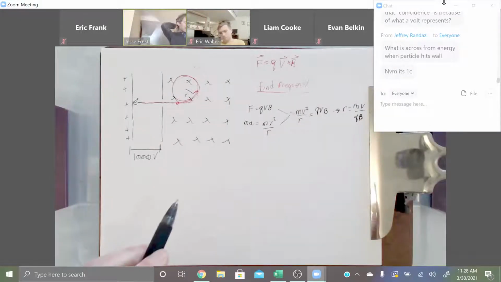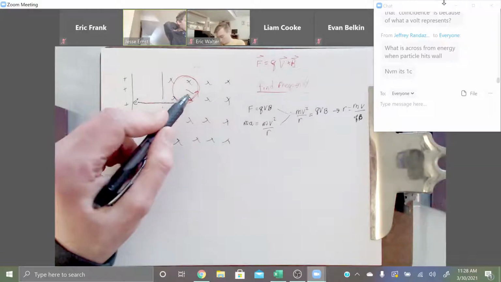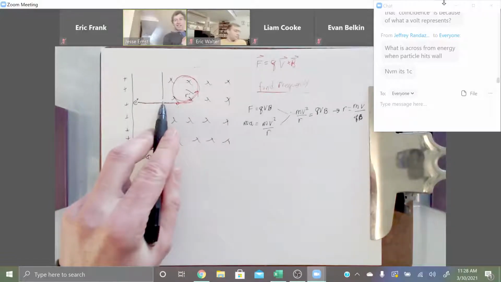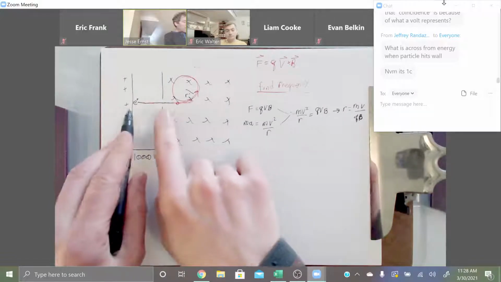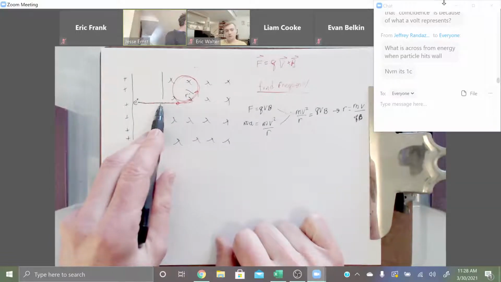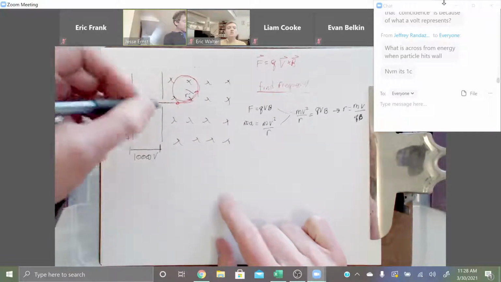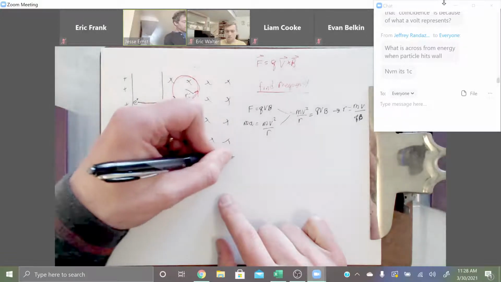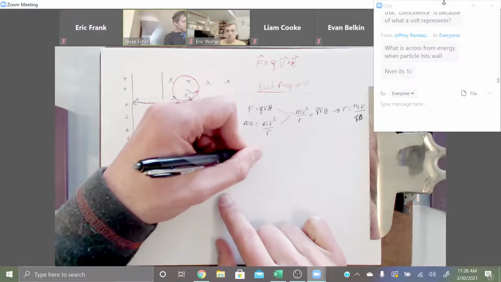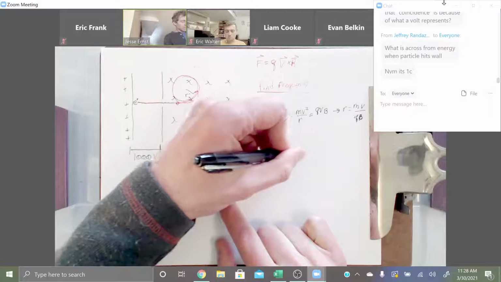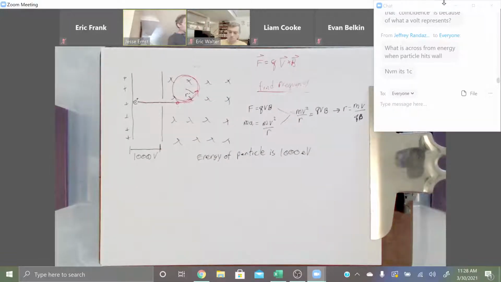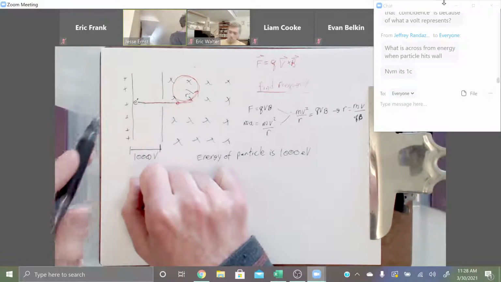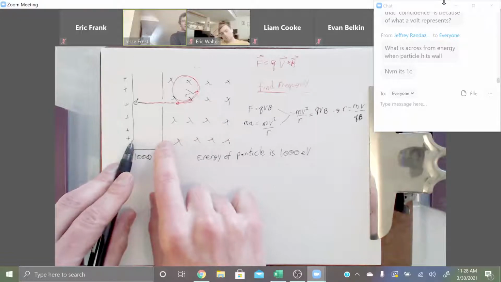What we really need, to figure out the radius of this circle, or the period, or anything else, is to know how fast this thing is going. What we know is that when it comes out of here, its energy is 1,000 electron volts, because it's something with the charge of an electron that fell through a 1,000 volt potential difference.